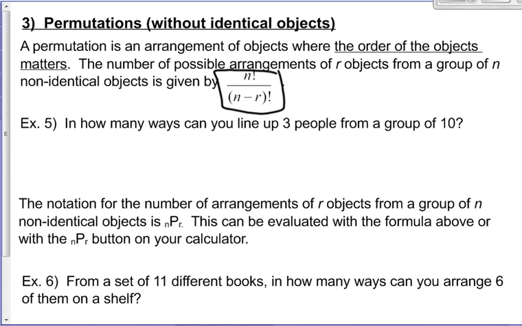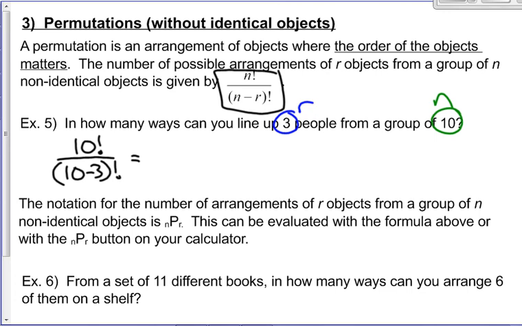So if we redo question 2 that says in how many ways can you line up 3 people from a group of 10? That means we have 10 non-identical objects, or people, and we're going to take 3 of them. That would be our r. So I should be able to figure this out as 10 factorial over 10 minus 3 factorial.